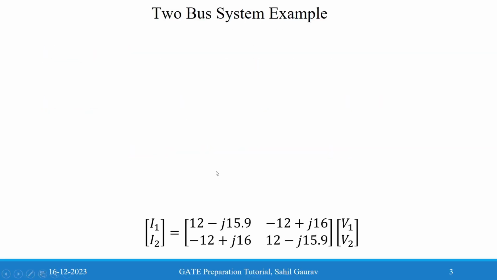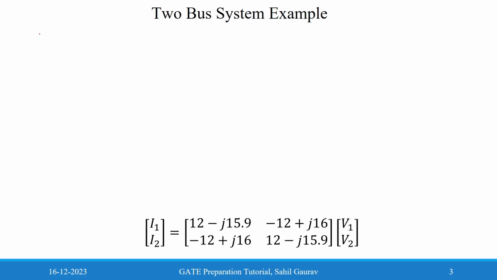Now let us see one example, from which we can see how the bus admittance matrix helps in finding the other values if one known quantity is given. Here we are given a two bus power system.